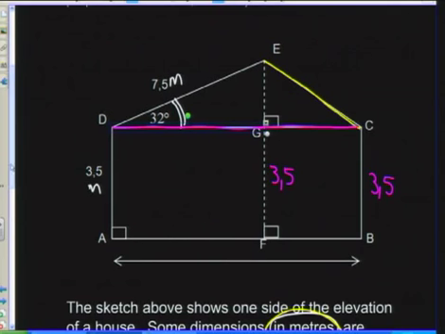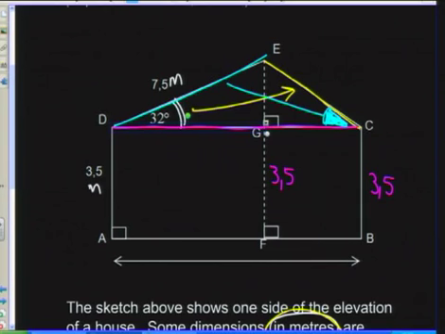And I really don't have much to go by because, okay, well, let's see. We've got this yellow information. This EC is opposite the 32. And we've also got that this blue is opposite this blue angle. So we could work this angle out. And once we've got the angle, we can then work with the sine rule.